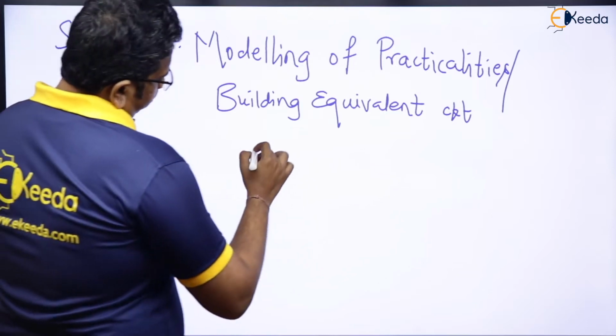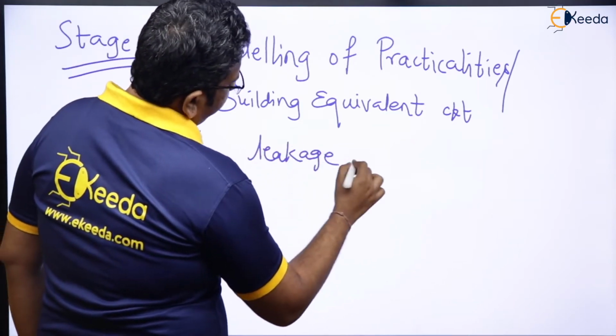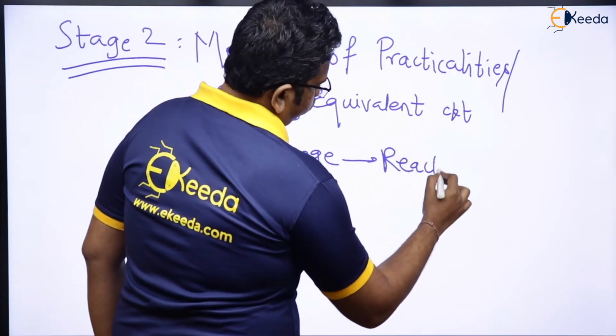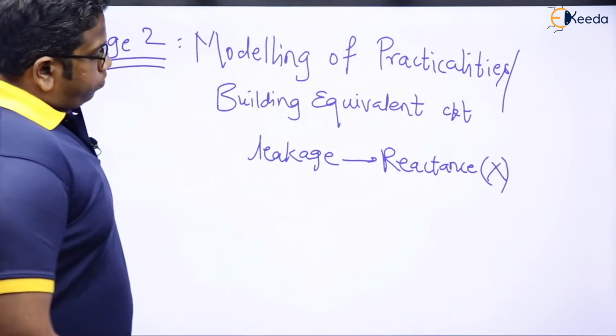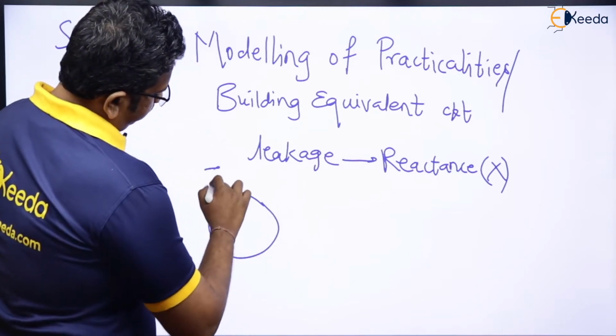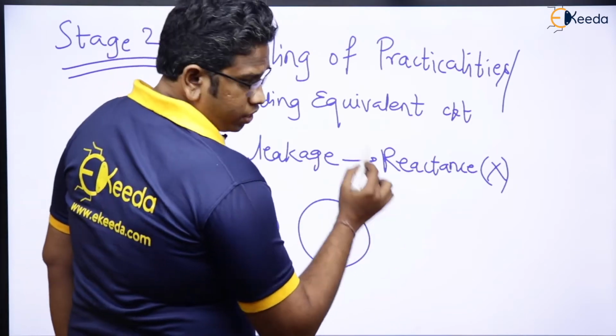For example, we know that leakage is, let us say, shown by a reactance X. Right? Now what I am asking is, for example, you have a transformer T1, let us say, and you have transformer T2, just for example.